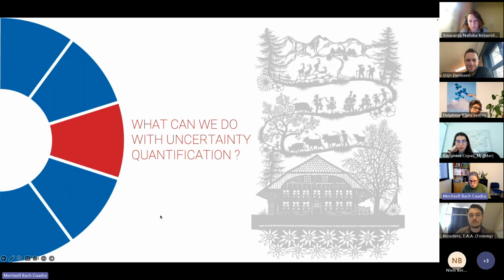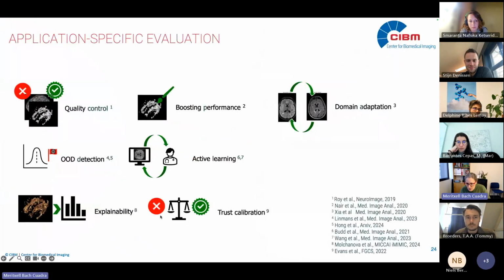So to conclude, what do we do with that? From an engineering point of view, you can do a lot of things if you have quantified the uncertainty of your model. And I think this is something that is still maybe not so well known, though there is more and more interest in uncertainty quantification. It has been proven in papers to be really useful: I will mention an example now as quality control.